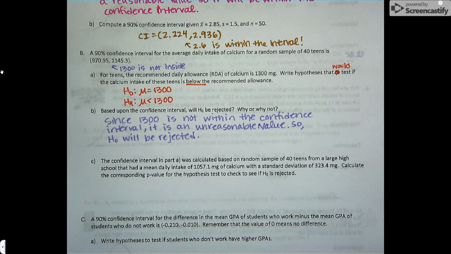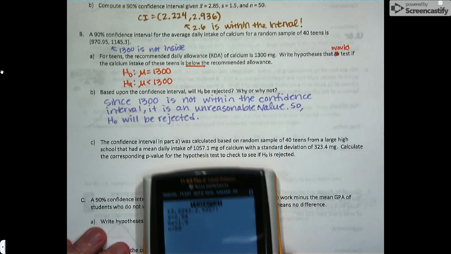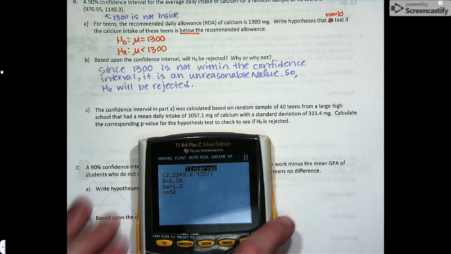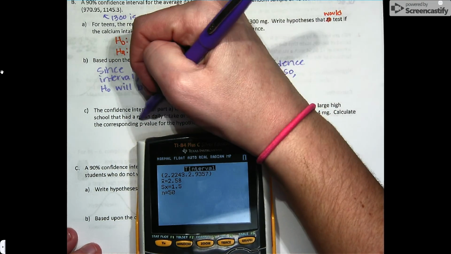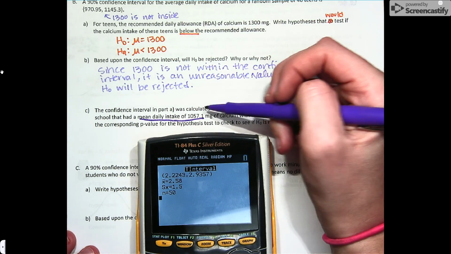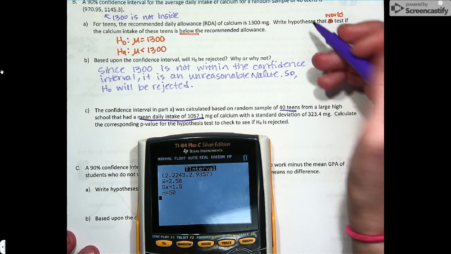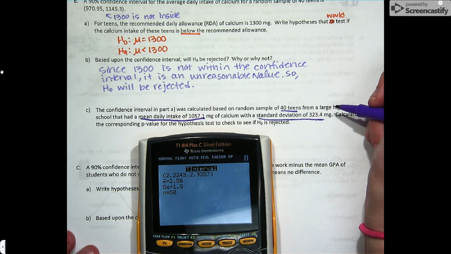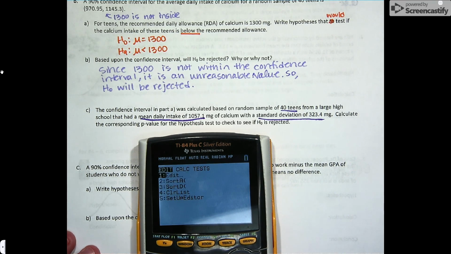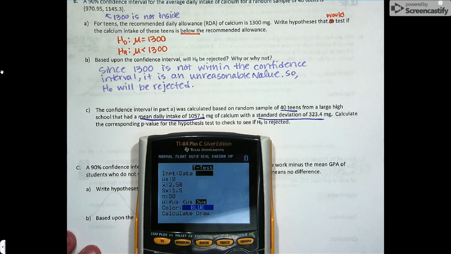And once again, just in case you didn't believe that, we could actually perform this hypothesis test. In letter C, it was calculated on a random sample of 40 teens from a large high school that had a mean daily intake of 1,057.1 milligrams of calcium with a standard deviation of 323.4 milligrams. So let's go to stat, tests, and then T-Test, because now I'm doing a hypothesis test. I have the stats.